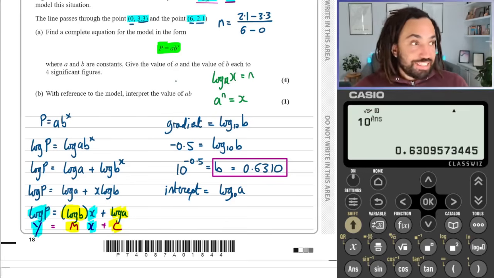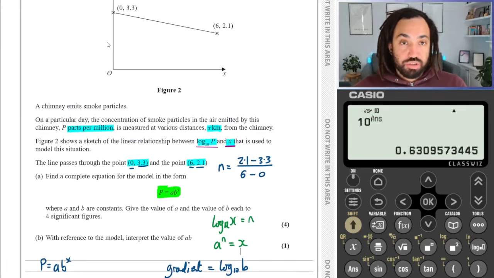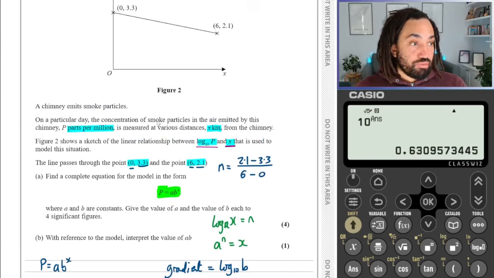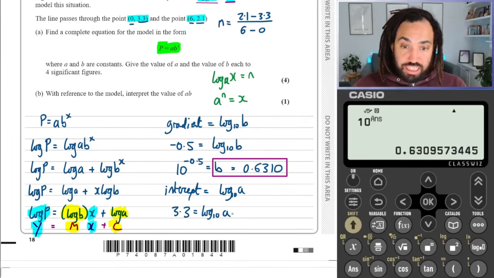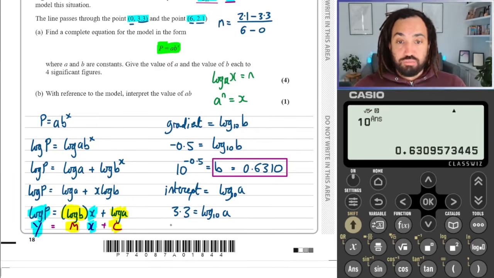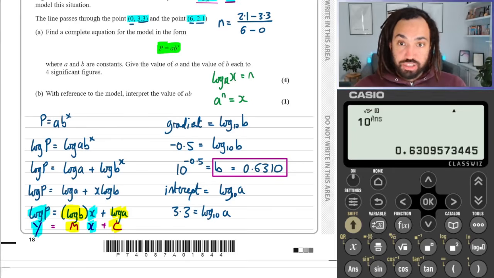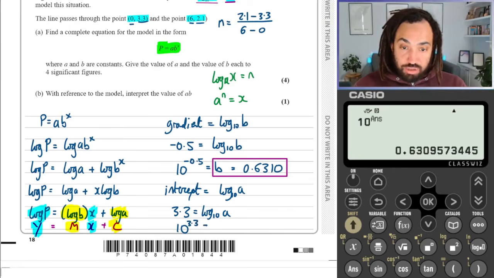Okay, next, the intercept. Well, the intercept clearly shown on the graph is 3.3. So we're going to say that 3.3 is equal to log base 10 of a. So using again this formula here, the base is 10, the power is 3.3, and that will equal a.